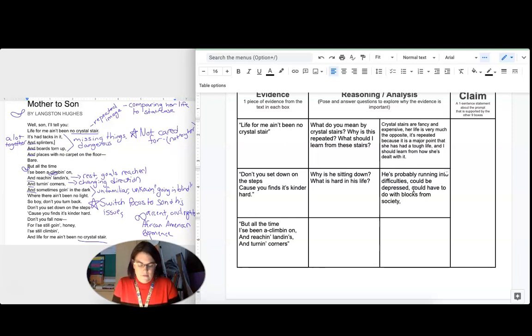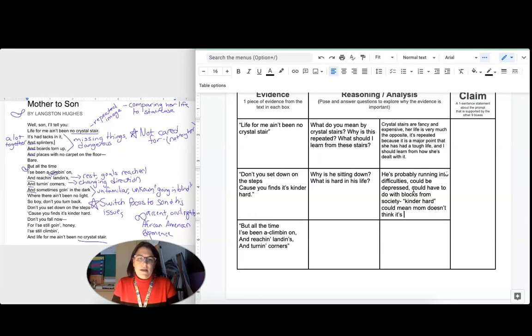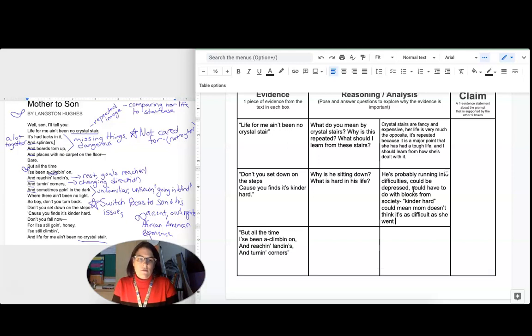And the fact that it's kind of hard could mean that the mom doesn't think it's as difficult as what she went through.